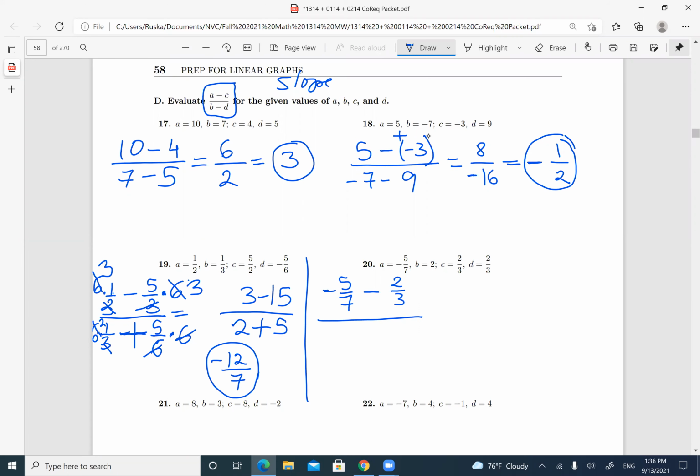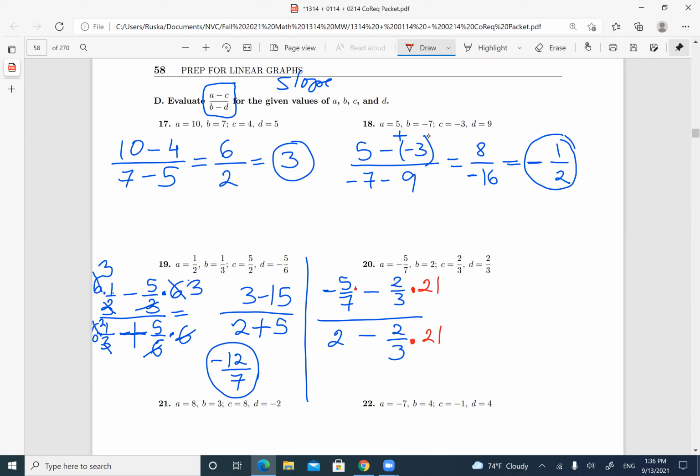So it's going to be 2 minus 2 over 3. So what you're going to multiply now, you have 7 and 3. What is the number you're going to multiply by? 21. Perfect, good job. We're going to multiply everything by 21.